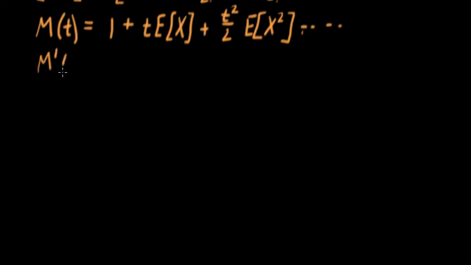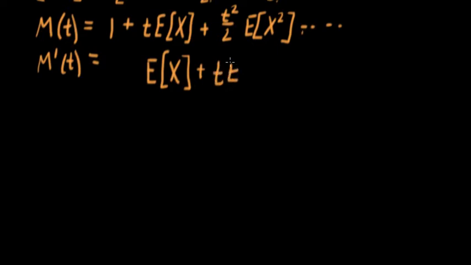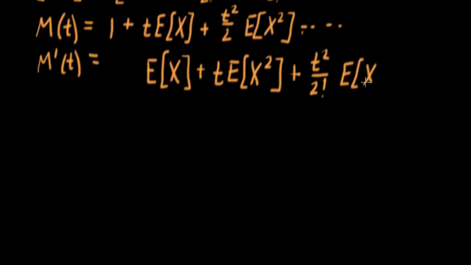So the first derivative of our moment generating function is, well, that 1 disappears, and that t disappears, and we get the first moment of x, plus t times the expected value of x squared, and the next term would be t squared over 2 factorial times the third moment, plus dot dot dot.